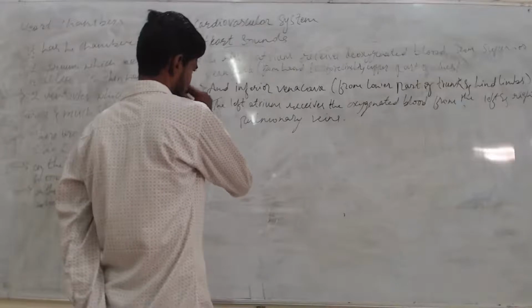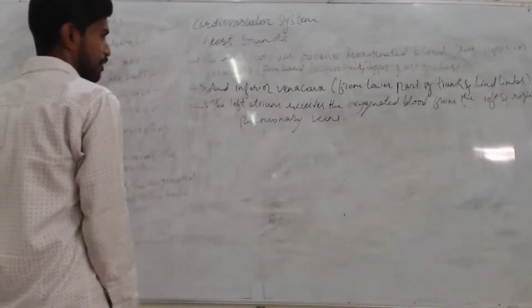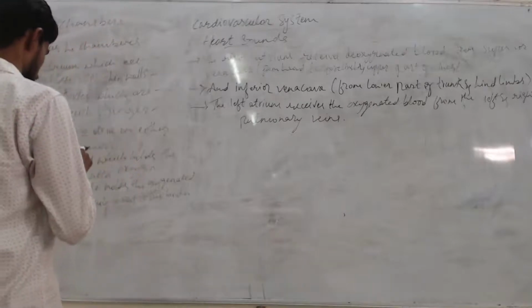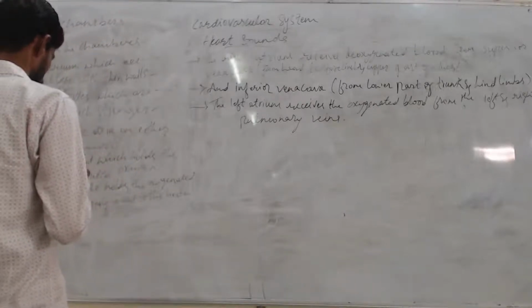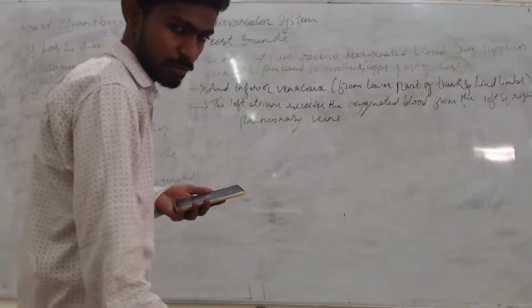The left atrium receives the oxygenated blood from the left and the right pulmonary veins.